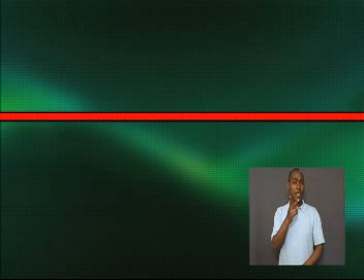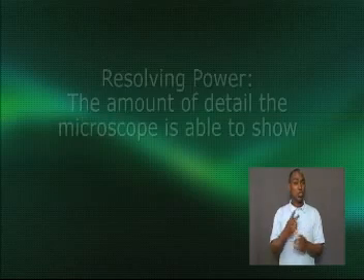There is a minimum distance between two objects that is necessary for them to be seen clearly. If they are situated too close together, they often look like they are one object instead of two.